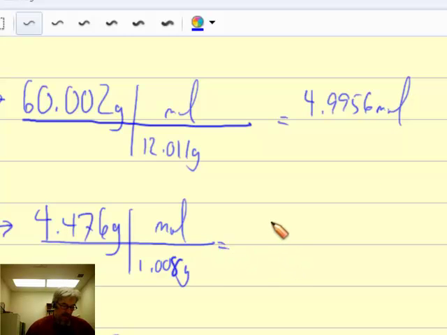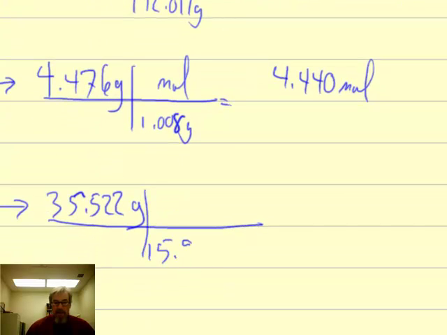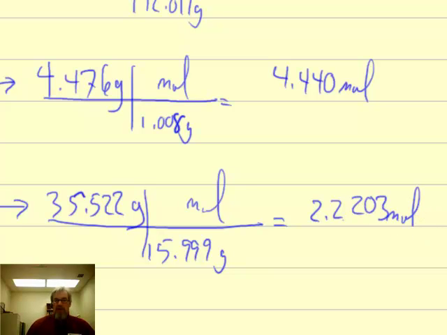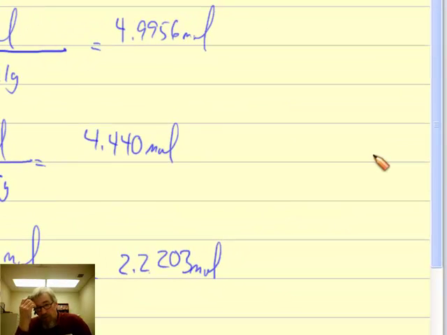This leaves us with 4.440 moles of hydrogen. And for oxygen, the molar mass is 15.999 grams per mole. This calculates to 2.2203 moles.